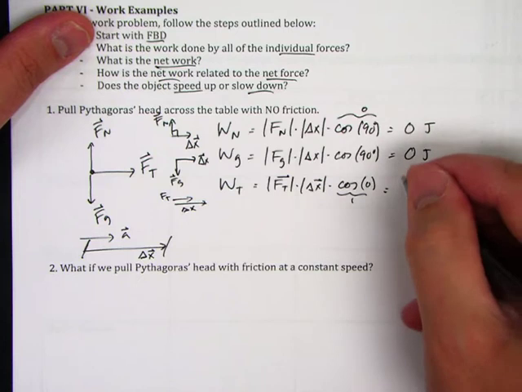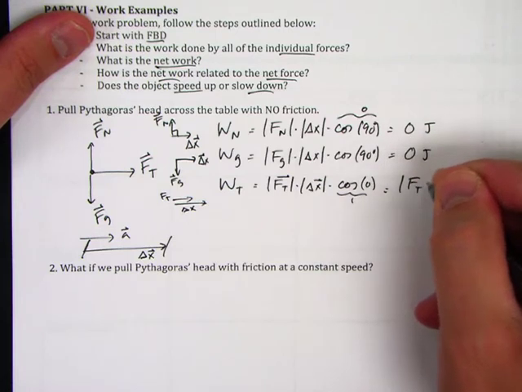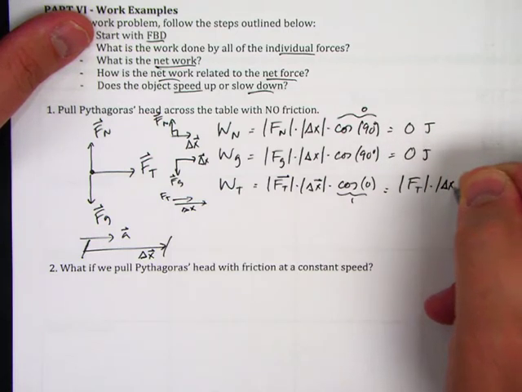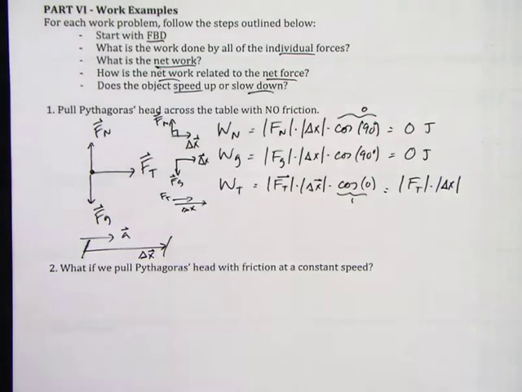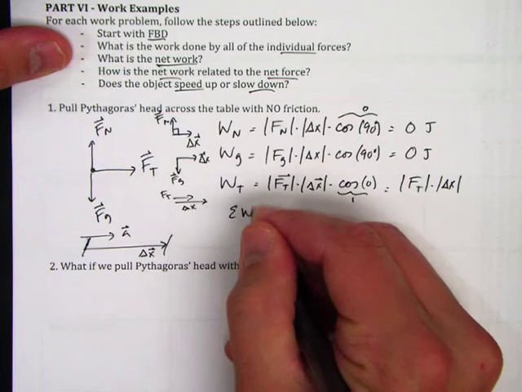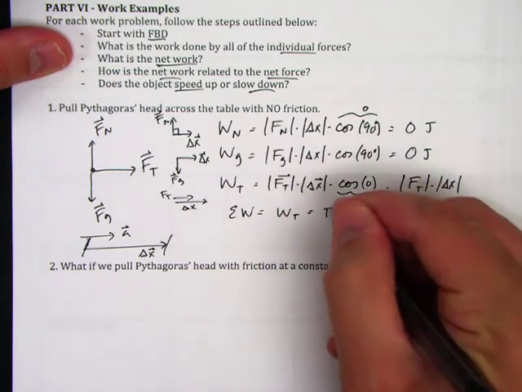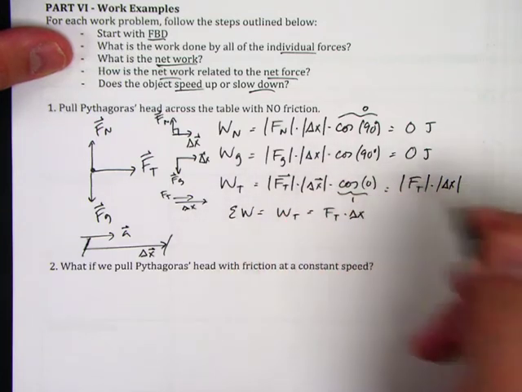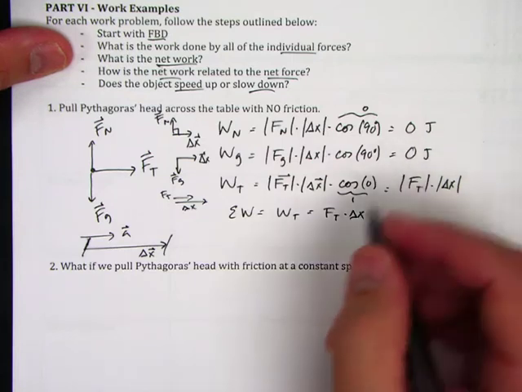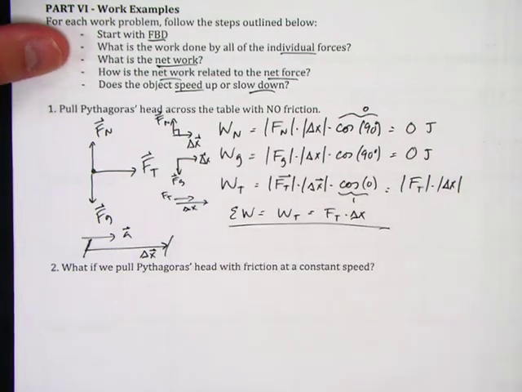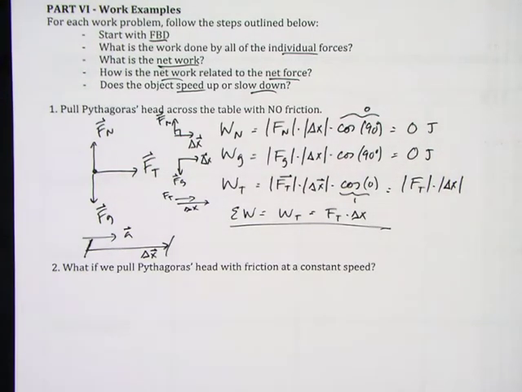So I get Ft times delta x as the work done by the tensional force. So when I sum the work, the net work is just the work done by tension, which will be Ft times delta x, and that is the net work acting on Pythagoras' head.